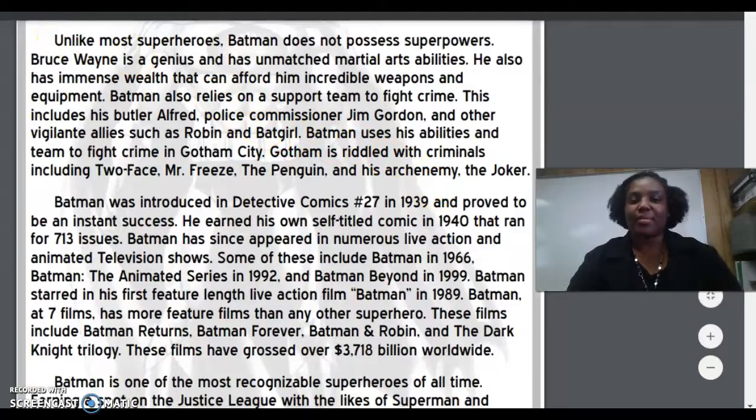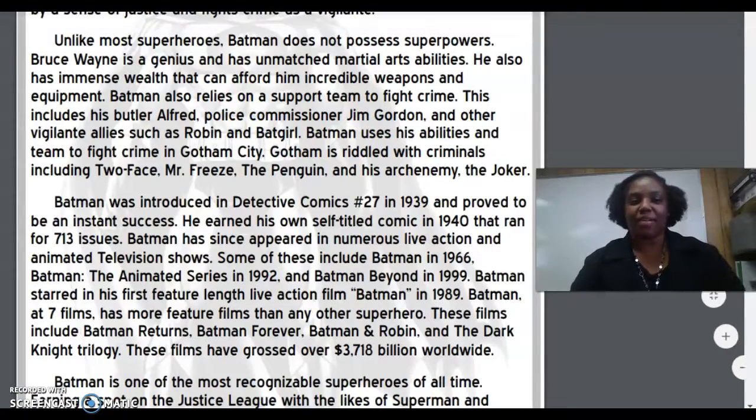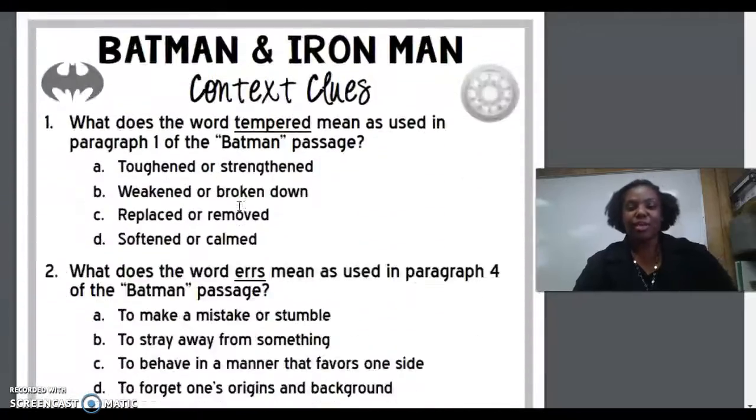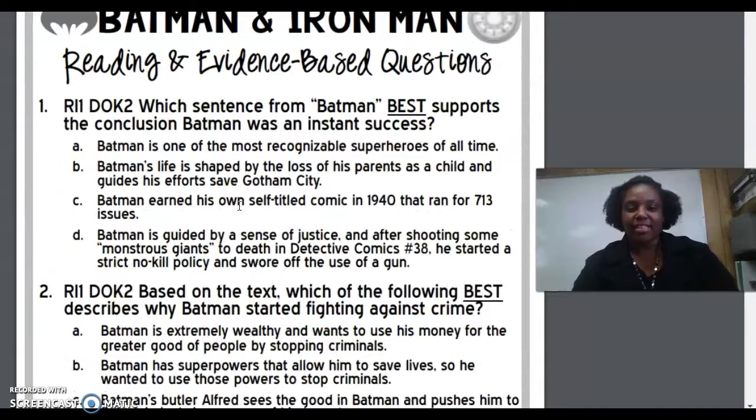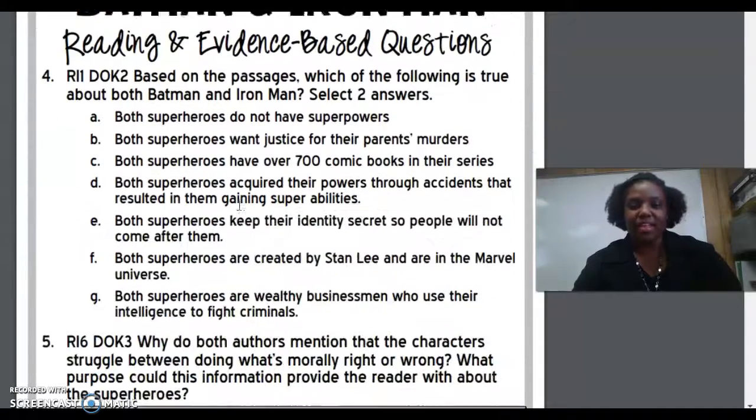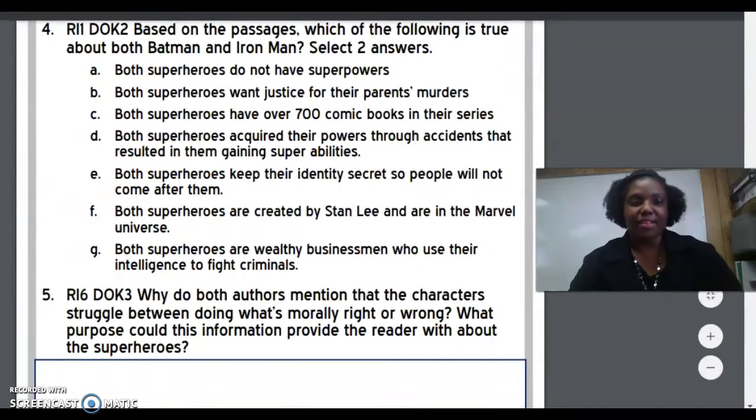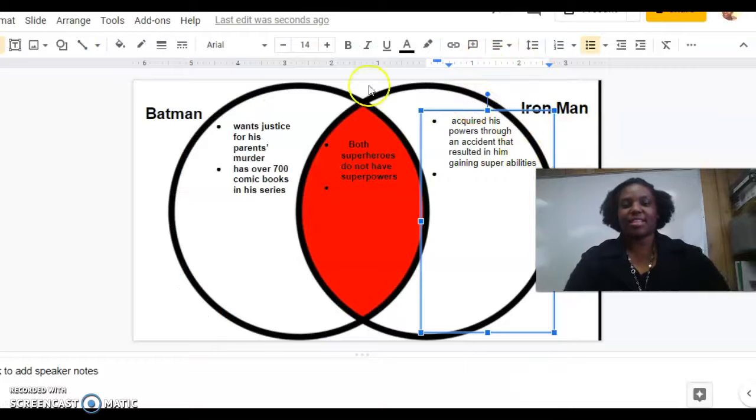So that statement is only true for Iron Man. So we are going to add that statement to Iron Man's side of the Venn diagram. So here we have that.